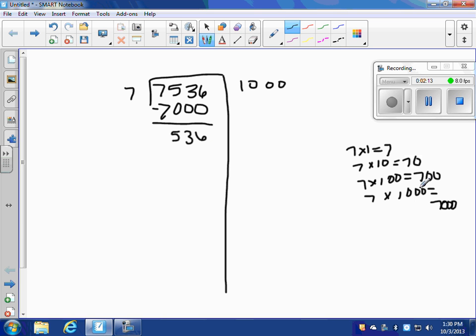Now, obviously this 7 times 100 is too big. So what I like to do is think, how many times would 7 go into 53? So I know that 7 times 7 gives me 49. So 7 times 70 would give me 490.